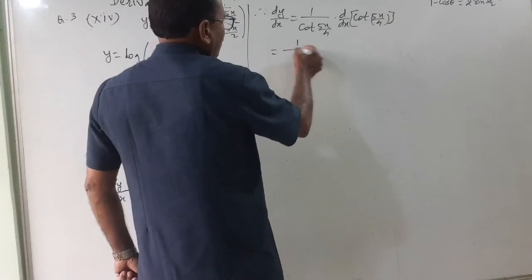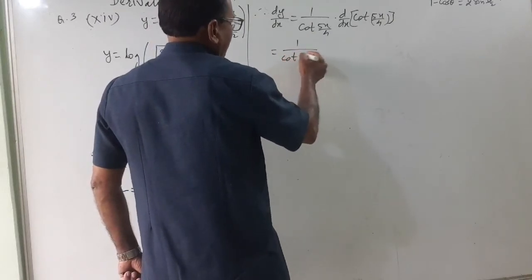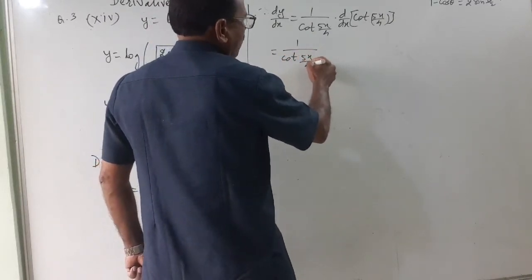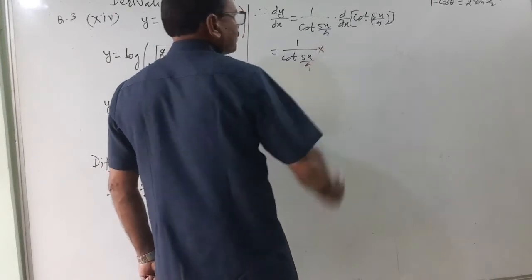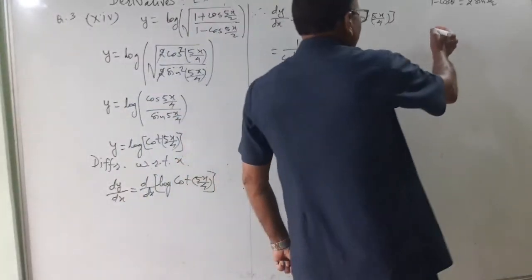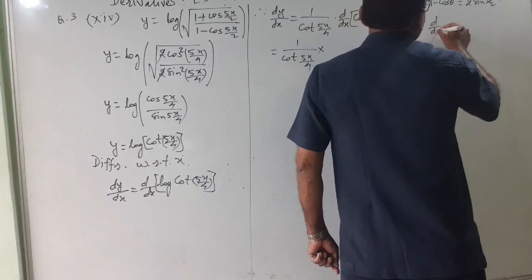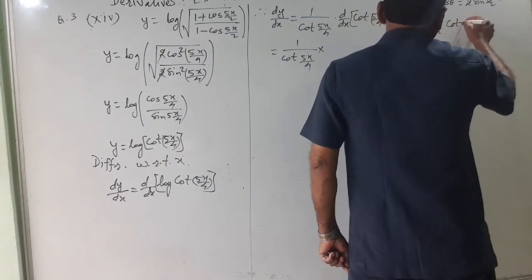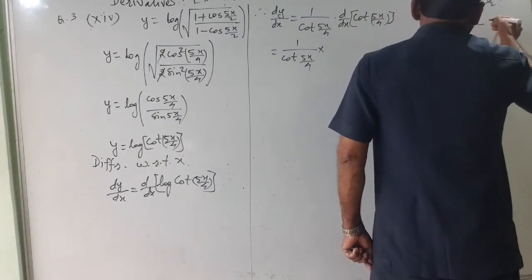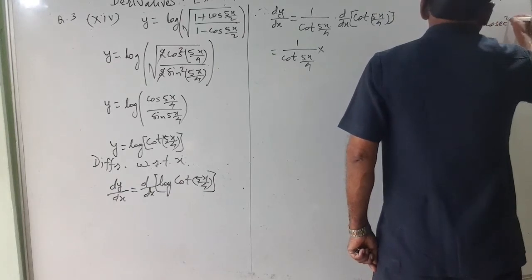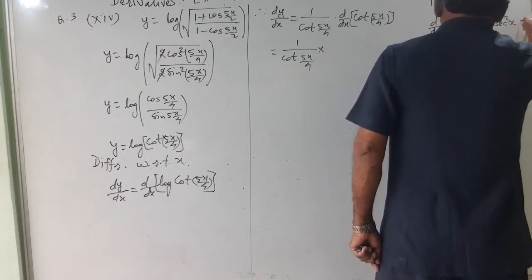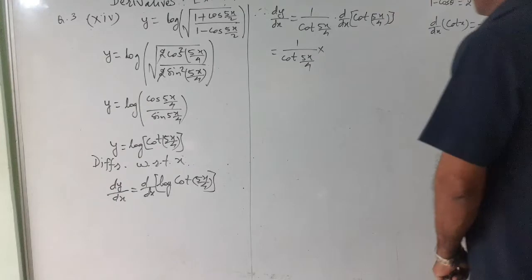This is equal to 1 upon cot of 5x by 4 into d by dx of cot x. D by dx of cot x is minus cosec square x. This is the derivative of cot.